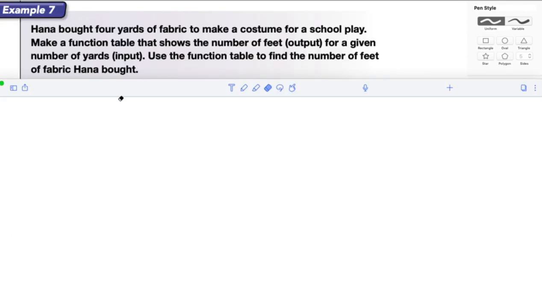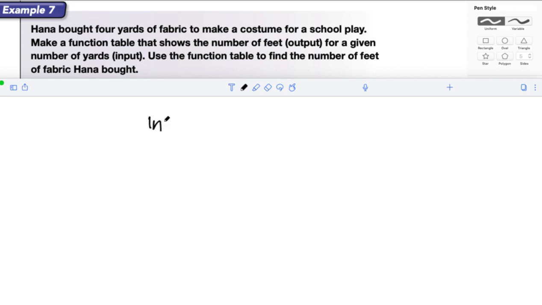So we have Hannah in example 7 who bought 4 yards of fabric to make a costume for a school play. Make a function table that shows the number of feet, that's the output, for a given number of yards, that's the input. Use the table to find the number of feet of fabric that Hannah bought. Okay, so let's go ahead and get started.